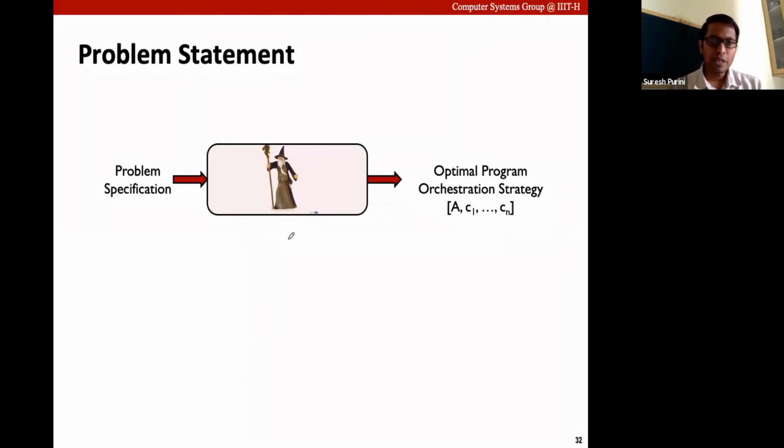So the problem statement that we have is that there is a problem specification. An example of a problem specification is CNN training, convolutional neural network training. This is the problem, this training algorithm is there with you, and you want to come up with an optimal orchestration strategy.